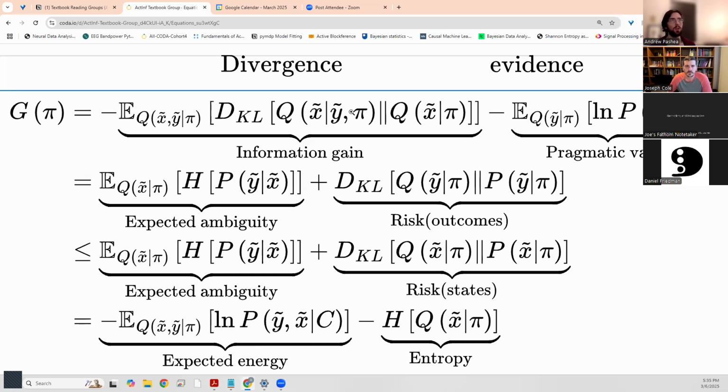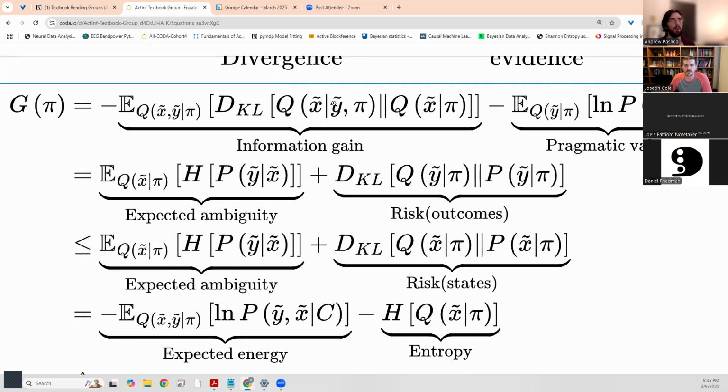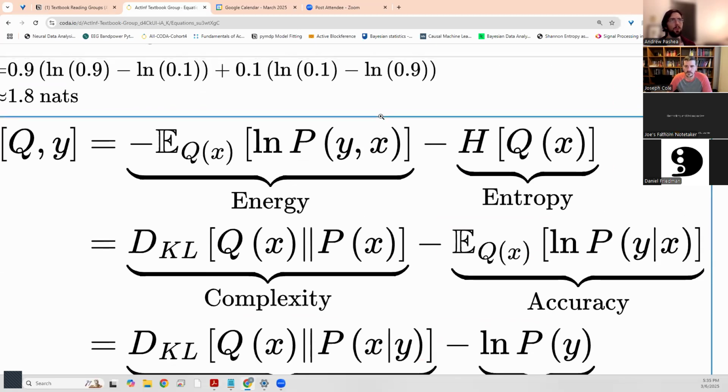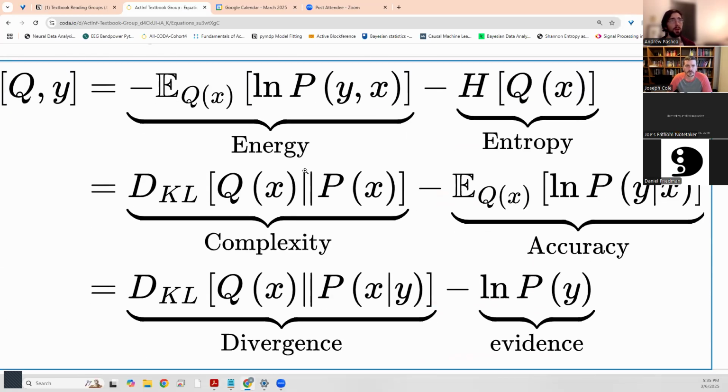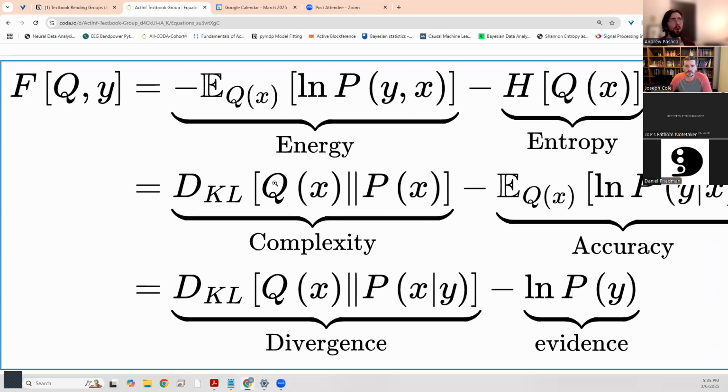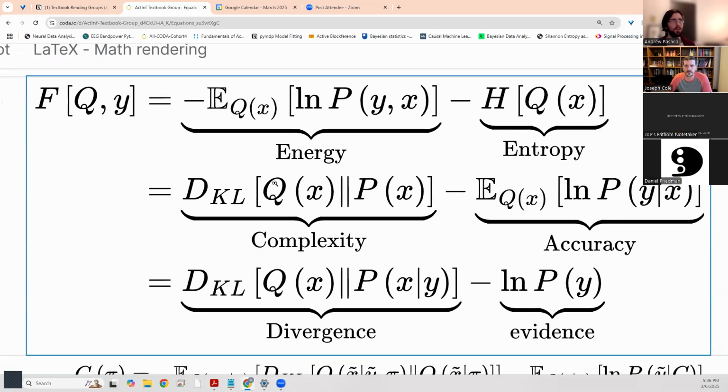So what are the expectations I have over what will happen if I follow a particular policy and how I think it will occur? Which is why we also don't see the tilde up here, because this is more about moment to moment inference, which again relates back to the earlier point about learning, right? That's an important distinction between the two.